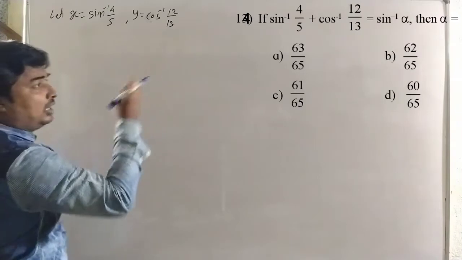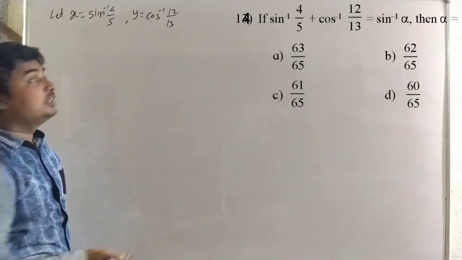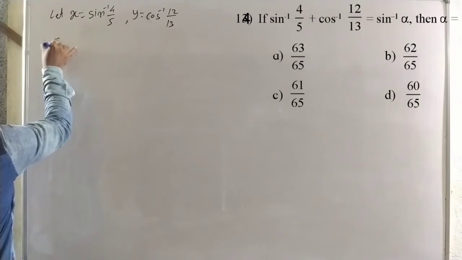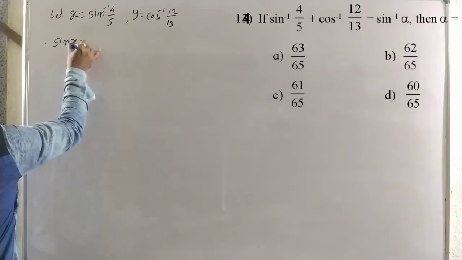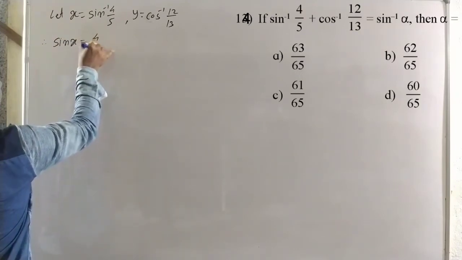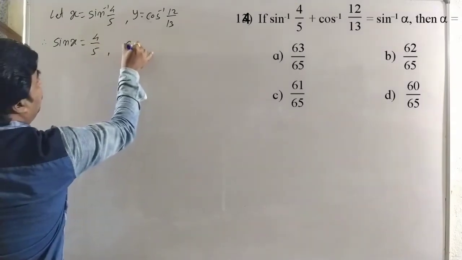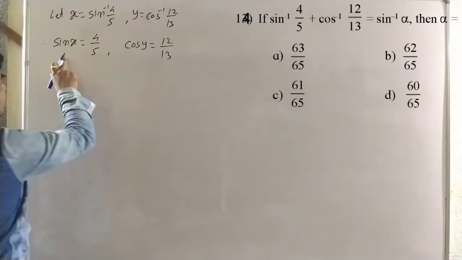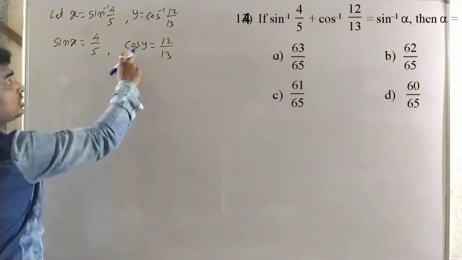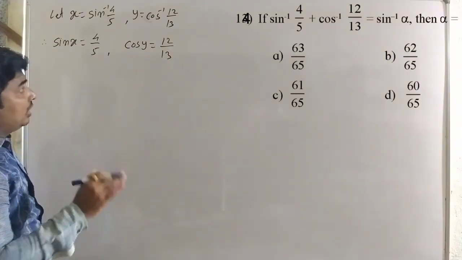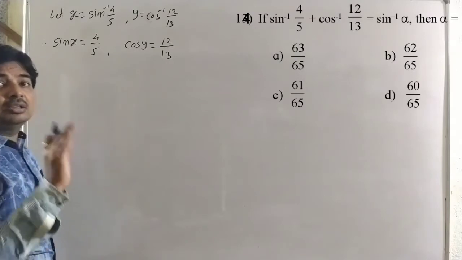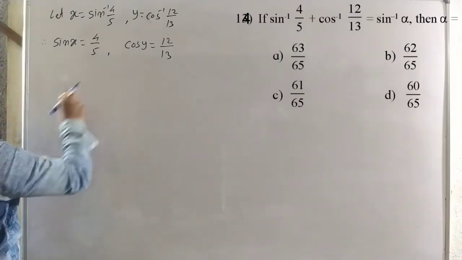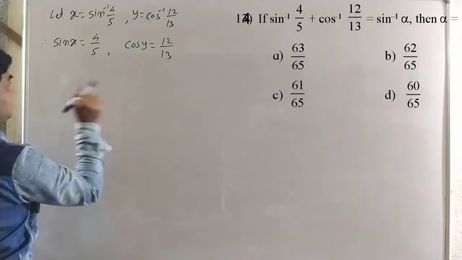The calculation of the LHS needs to be converted into sine. Here sine x is equal to 4 by 5 and cos y is equal to 12 by 13. From sine x we find cos x, and from cos y we find sine y.